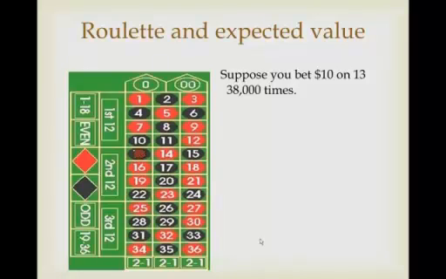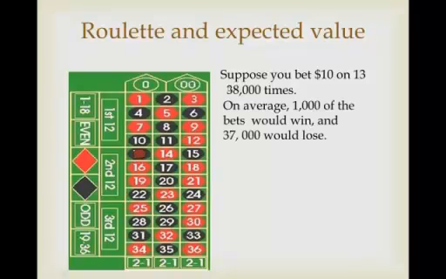But on average, 1,000 of those bets would win and 37,000 would lose, right? Because they'd be on some other places on the board. So your total payoff in that particular event is going to be, well, $360 for every time you win, which is going to be about 1,000 times.